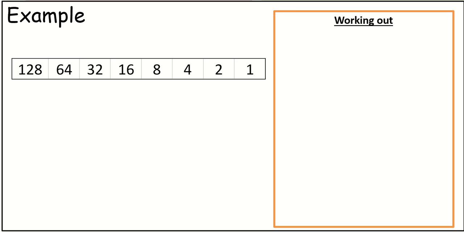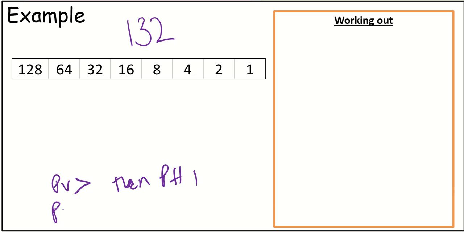So we're now going to try another example, and I'm going to do 132. So remember our rules. If the place value is larger than the number, the placeholder is 0.